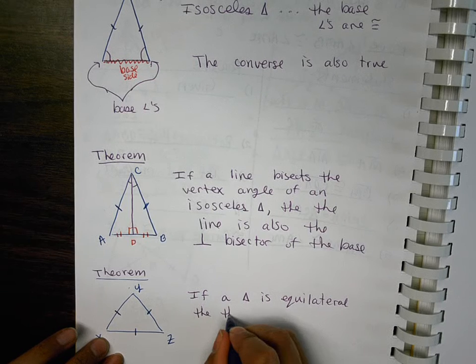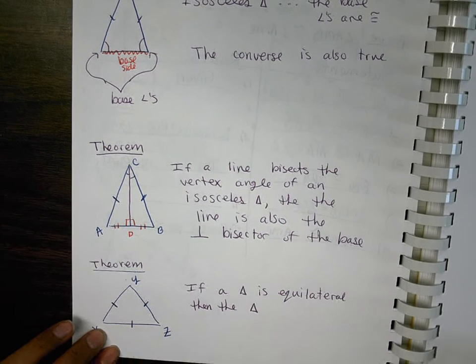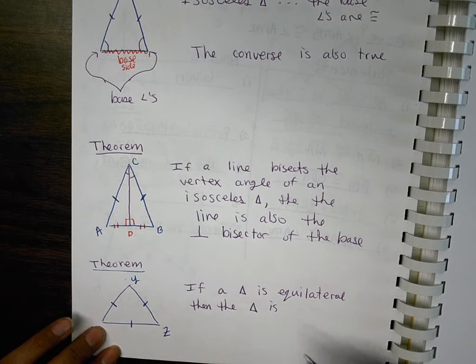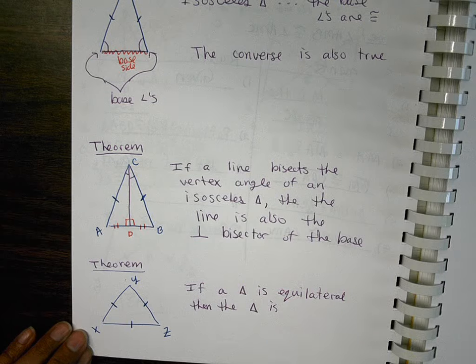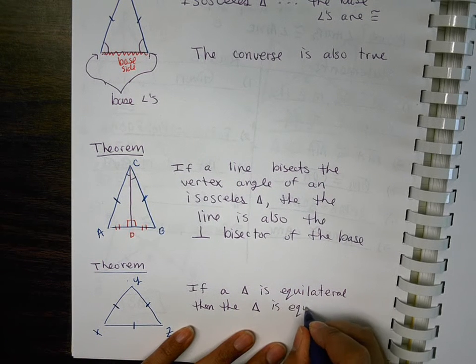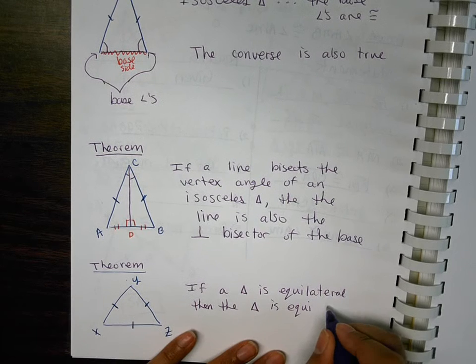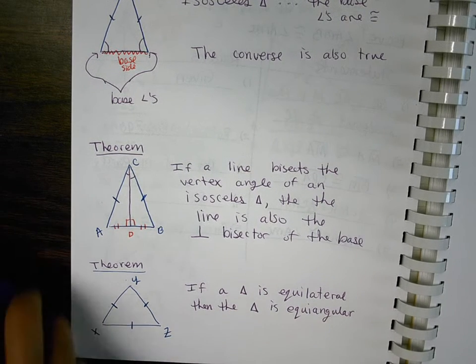If a triangle is equilateral, then the triangle is equiangular. Have you guys heard that before, equiangular?